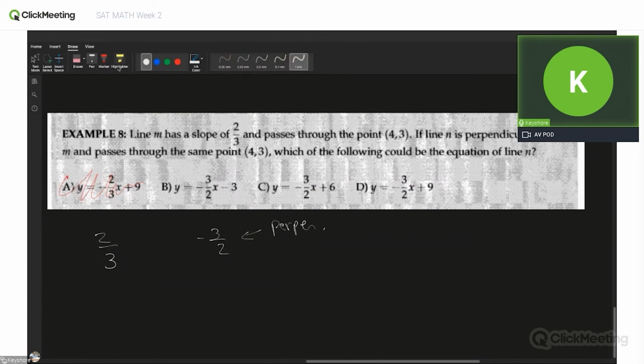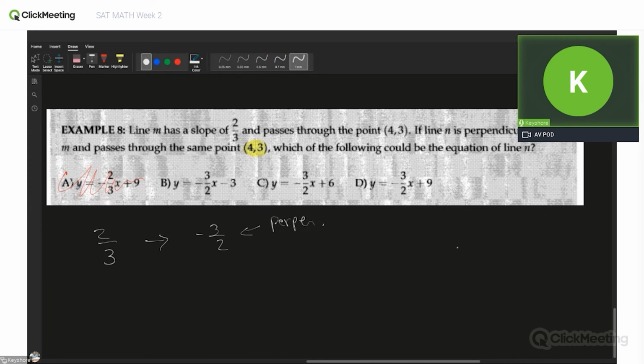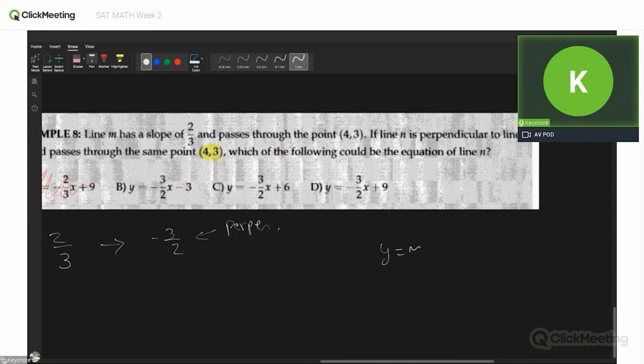Here's a clue. They've told us what points they both pass through. They both pass through (4,3). So what that means is our equation is going to be y equals mx plus b. Again, this is the equation of line n. So y equals -3/2 x plus b.